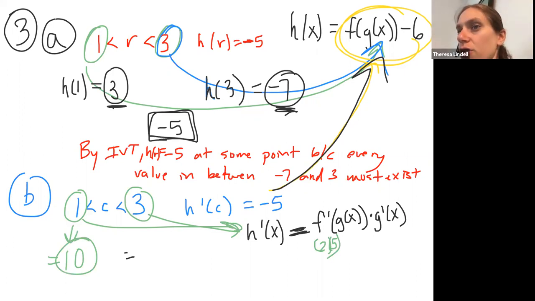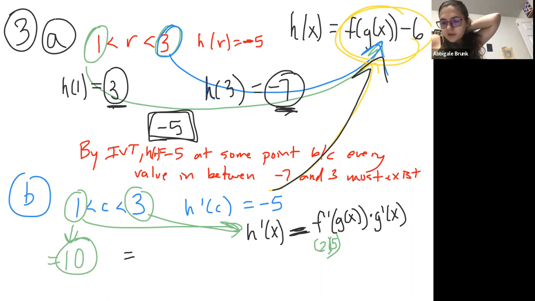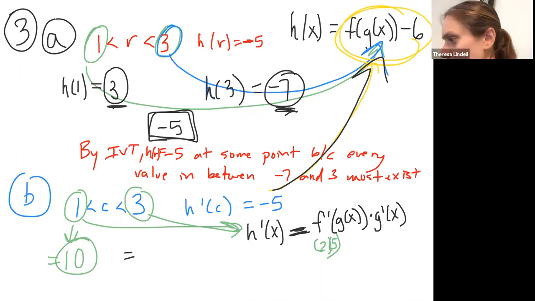Actually, this is really interesting. You could have done this 2 different ways, but let's keep going with this because this is just good practice of taking a derivative. So 3, g of 3 is 2, f prime of 2 is 2, and then g prime of 3 is 2, so it'd be 4. Oh, that doesn't work out for us.